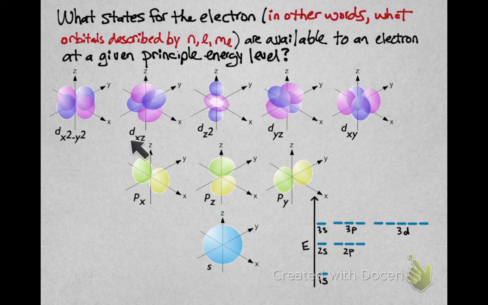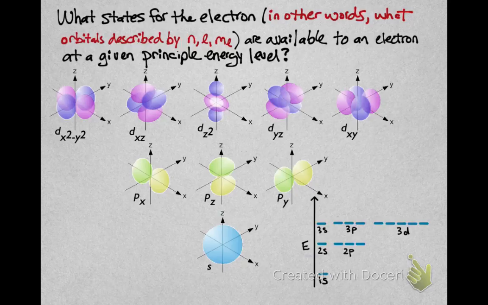Then the dxz orbital, which has the lobes oriented right between the z and the x-axes. The dyz has the lobes in the plane of the z and the y-axis, and then the dxy has the lobes in the plane of the y and the x-axes, sort of right in between the axes here.